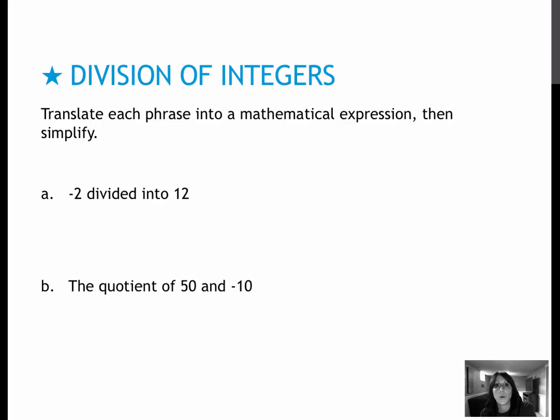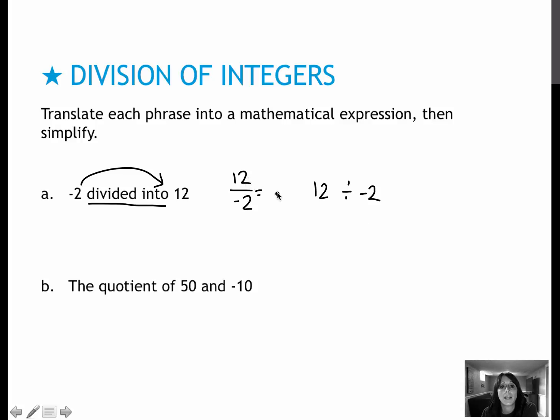Try these two on your own, then press play to see how you did. So negative 2 divided into 12. So this one's a little bit different because this is the opposite order. So we're saying this is going to go into 12, which means it's 12 divided by negative 2. When I divide 12 by negative 2, I get negative 6.